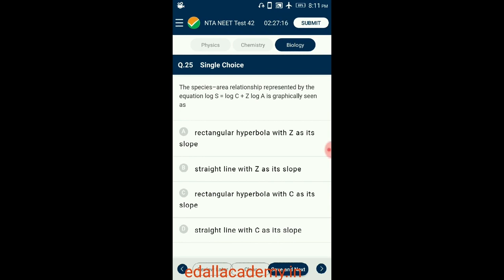Ecologists have discovered that the value of Z lies in the range of 0.1 to 0.2, regardless of the taxonomic group or the region. So the answer for this question is option B, straight line with Z as its slope.